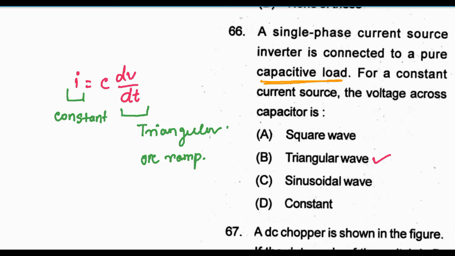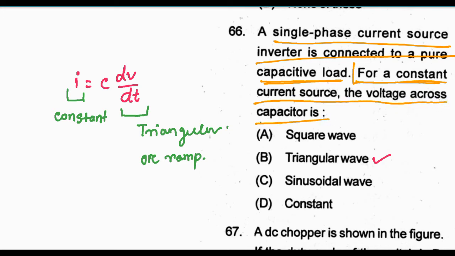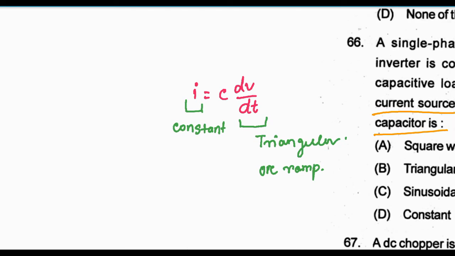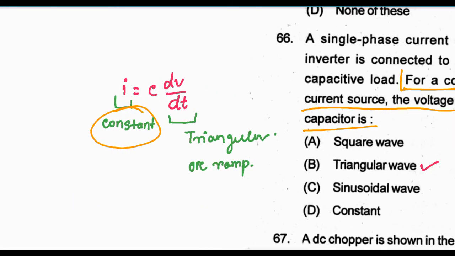So forget about the first sentence and only consider this much: for a constant current source, the voltage across the capacitor is. From this second sentence, what are we getting? Constant current. That means the current is constant. For a step function, constant means step function. So what will be the value of voltage across the capacitor?